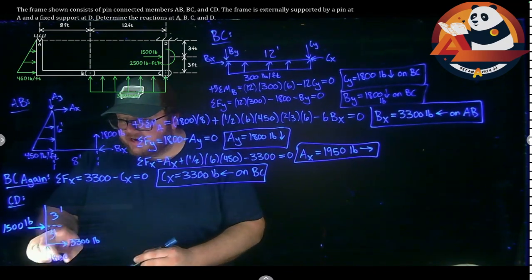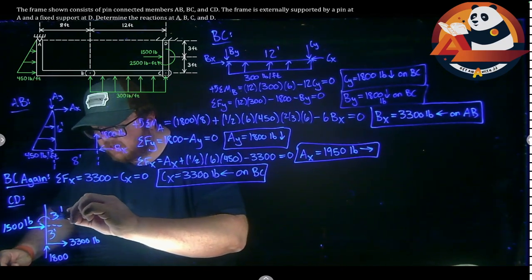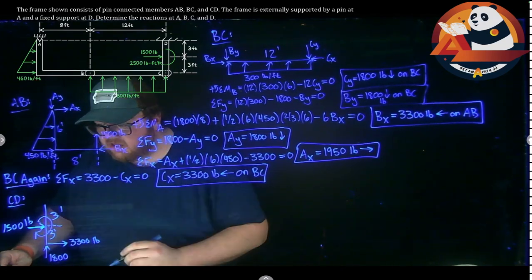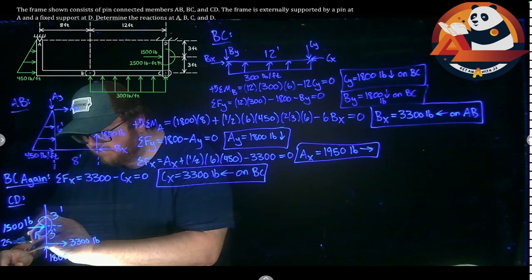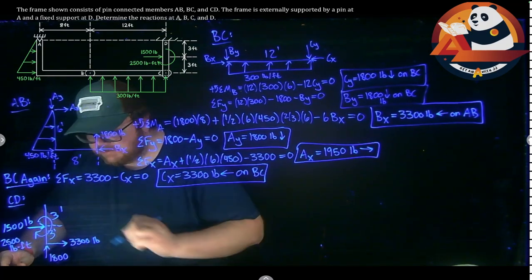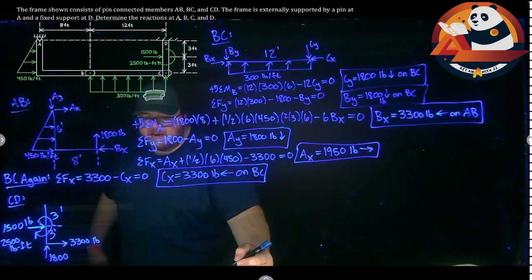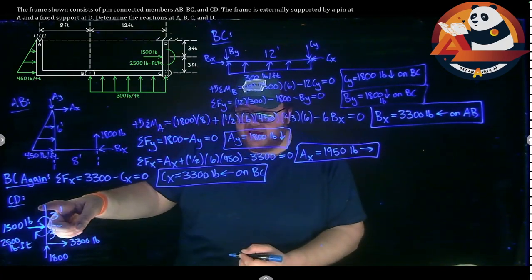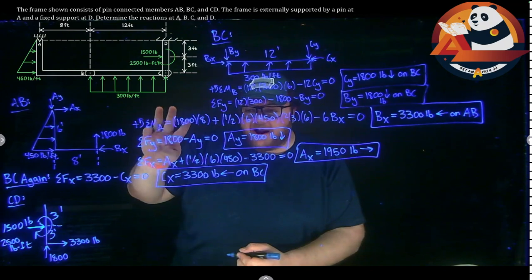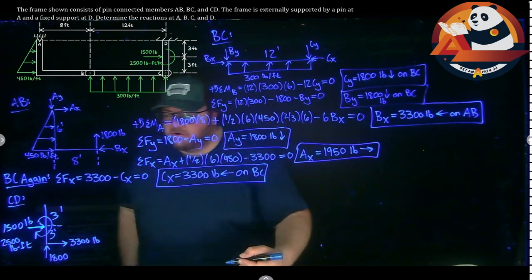But also right there in the middle of this, there's a couple moment being applied. So it's going clockwise, 2,500 pound feet. And then I can get up to the very top of this at point D, where I have 3 reactions that I need to find to finish up the whole problem.